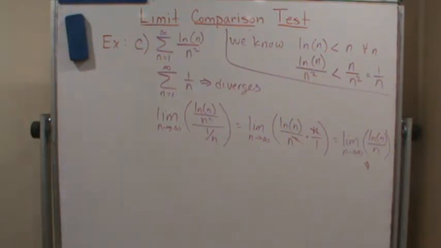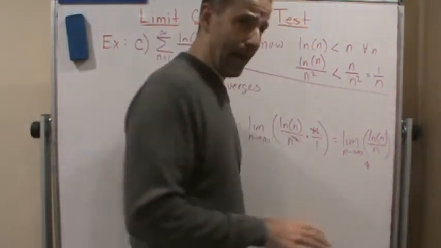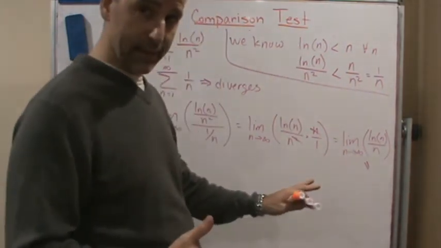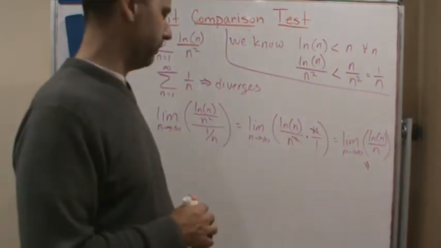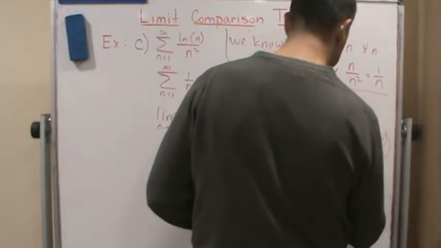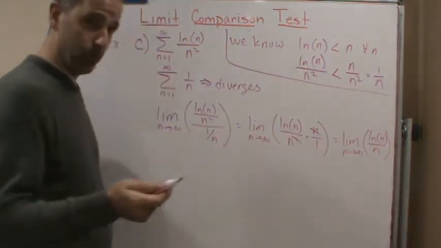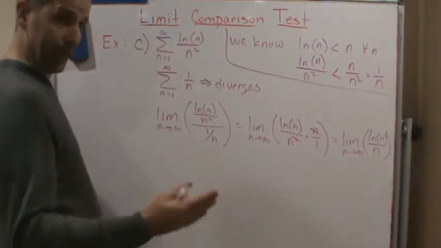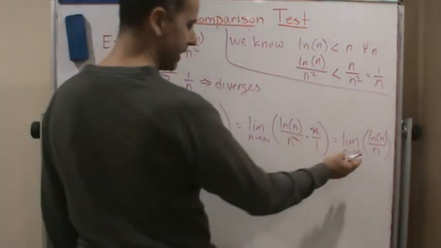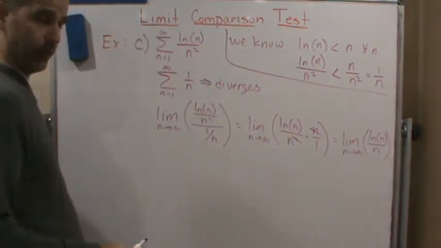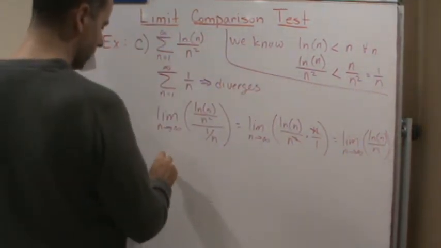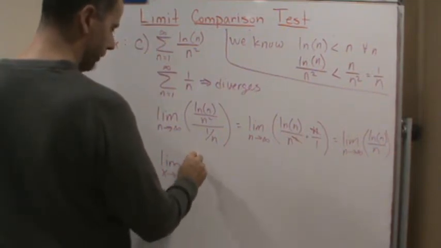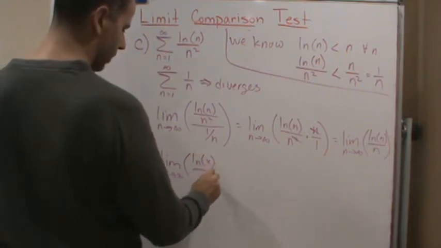But it's still not obvious, right? We can't do some of the techniques that we did before in the last two examples. So here's what we're going to do. Let's compare it to a function. So we know that the natural log of x over x behaves the exact same way, and they have the same values at the positive integers of n. So let's do the limit as x approaches infinity of the natural log of x over x.